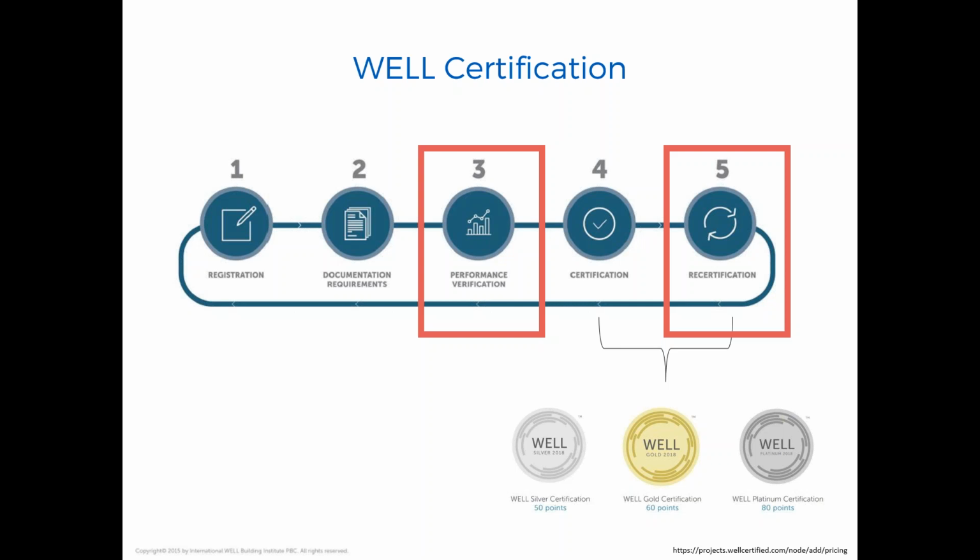So some of those levels that we talked about earlier, which include total volatile organic compounds, as well as target volatile organic compounds, carbon monoxide, formaldehyde, ozone, and radon. The performance testing agent will come and take measurements in multiple locations in your building, send them to the lab for analysis, and then compare them to the air quality threshold set in the standard.